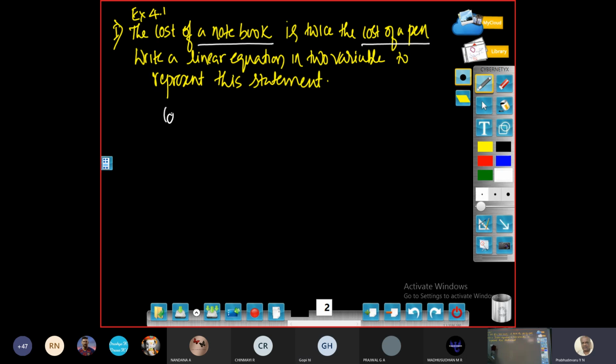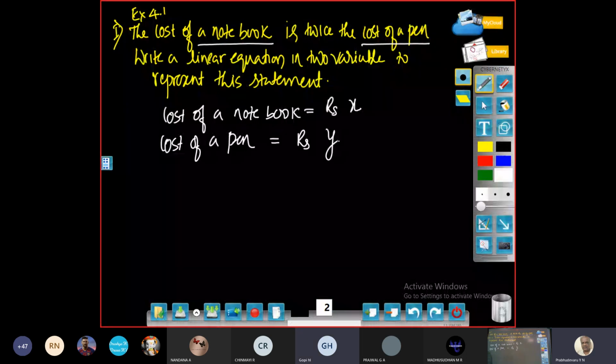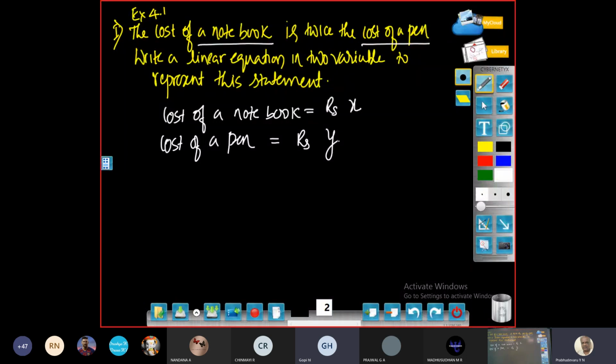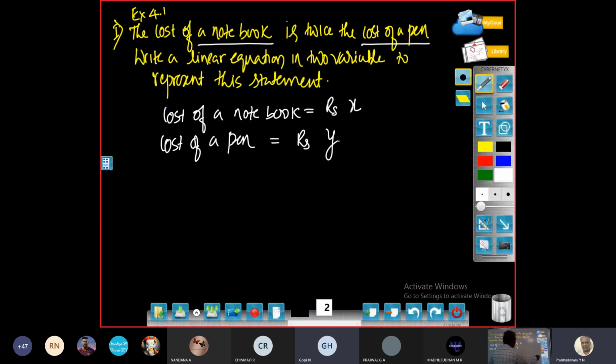So let us take the cost of a notebook as rupees X, and the cost of a pen as rupees Y. Now look at the statement: the cost of a notebook is twice the cost of a pen.